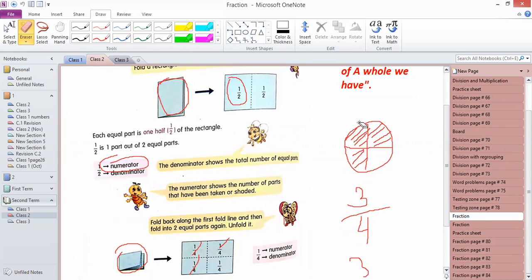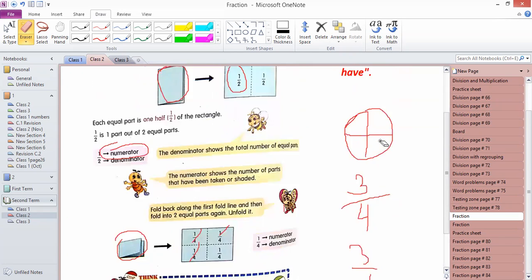So the fraction for the colored will be 3/4. Or let's suppose it is a pizza and you cut it into 4 equal parts and you take 3 parts. So you will say that I want to eat 3 pieces of pizza out of 4 pieces. That means you want to eat 3/4.